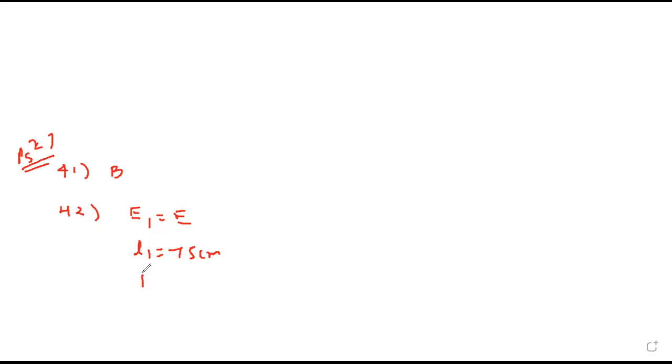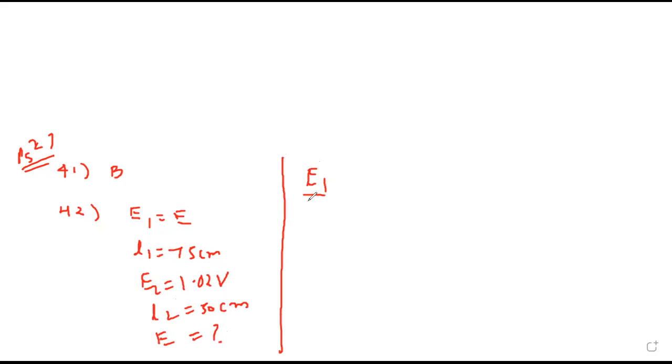For standard cell of EMF 1.02 volt, balance point is at 50 centimeter. Then what is E? So for same potentiometer wire, E1 upon E2 is L1 by L2. E1 is E, E2 is 1.02. L1 75, L2 50. 25 into 2, 25 into 3.